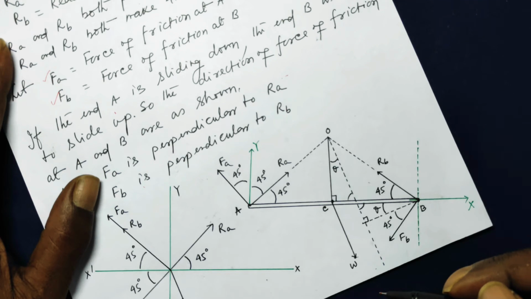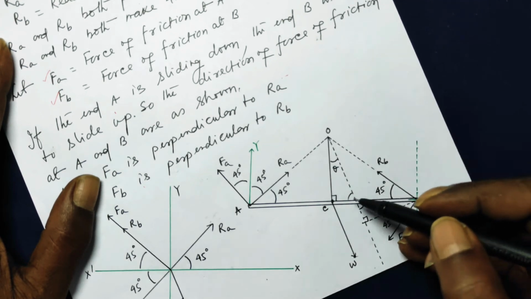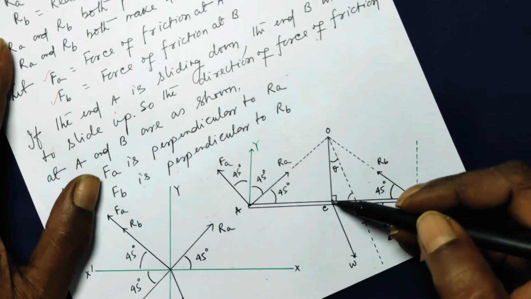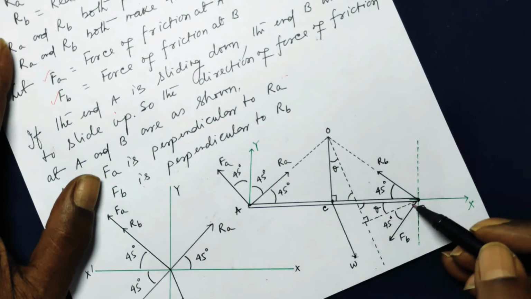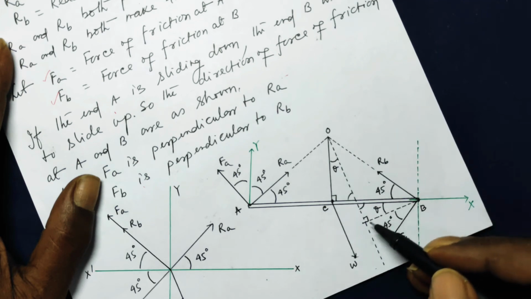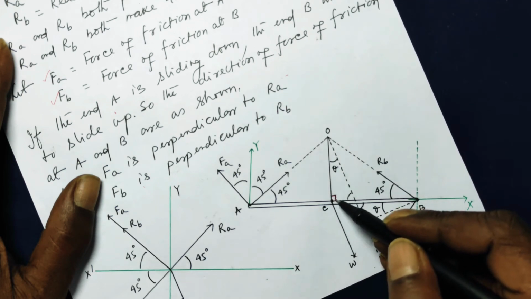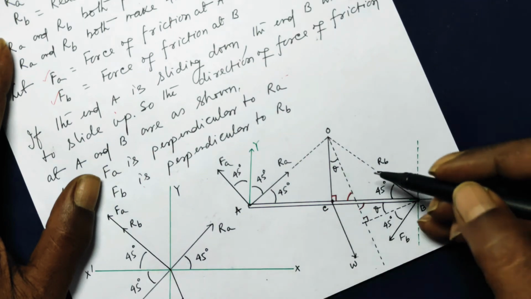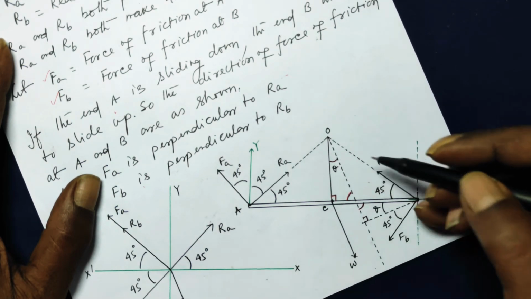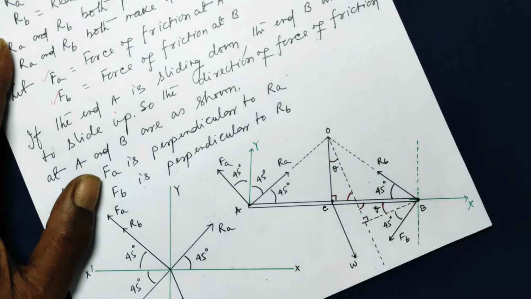Now, in this triangle and in this triangle, both are 90 here. This angle is vertically opposite to this. So since this is given as theta, therefore this will also be theta.